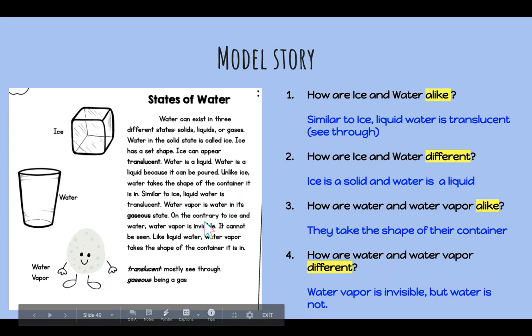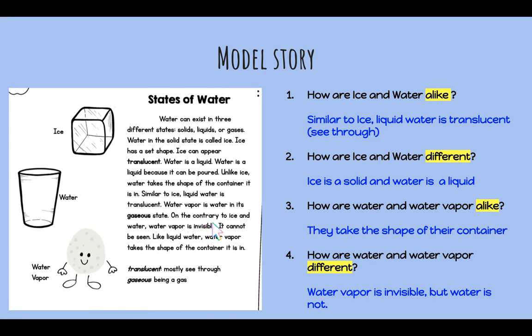On the contrary, this is a word that we have not really talked a lot about, but it is a word that kind of just means, like, most people might think that it's true, but despite what everyone thinks, it's really not, okay? So it's saying on the contrary. So despite what people might think about ice and water, water vapor is invisible, okay?